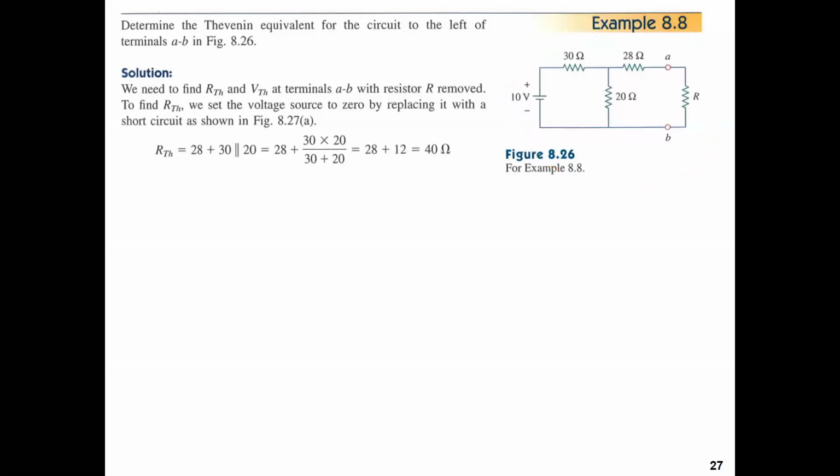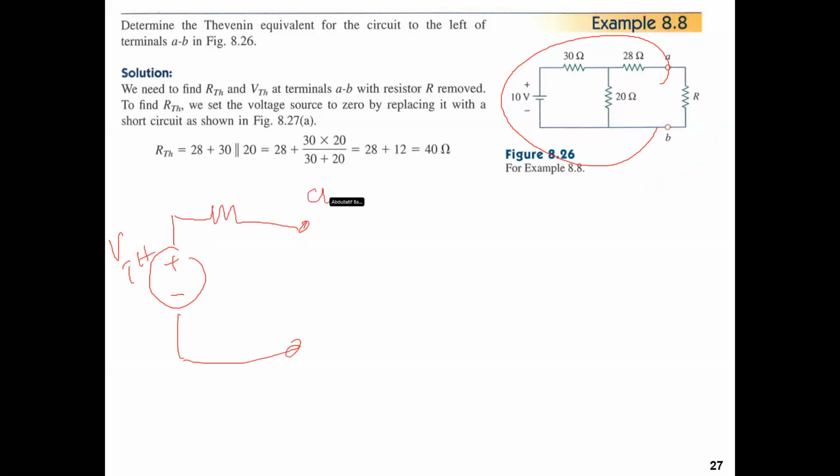Okay, so what we need to do is replace all the elements on the left side of terminals A and B with one voltage source, we call VTH, and a resistor in series with it. See here, AB. Anything to the left of AB will be replaced by RTH and VTH.